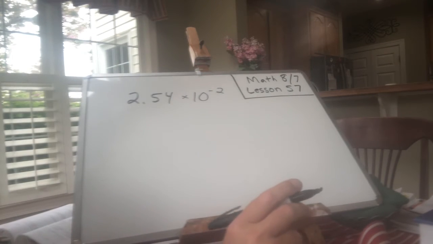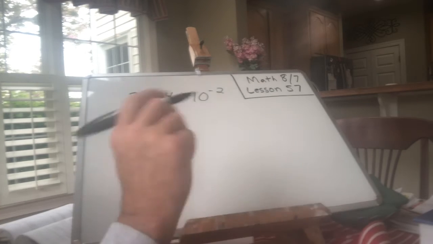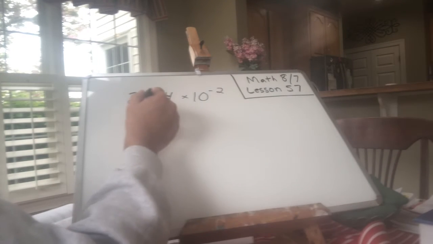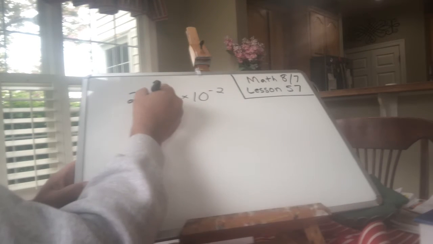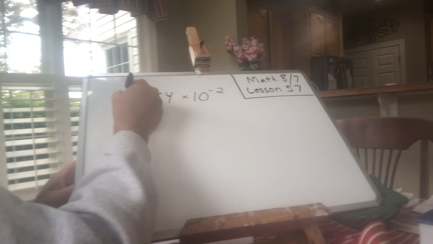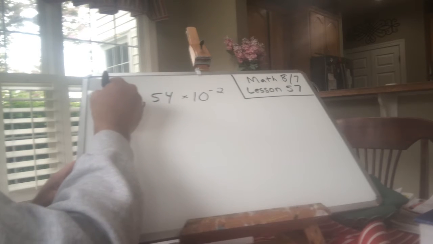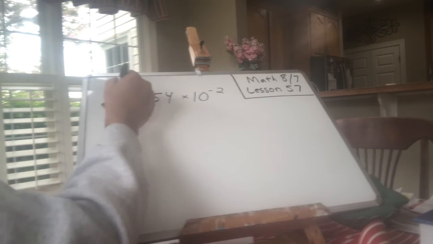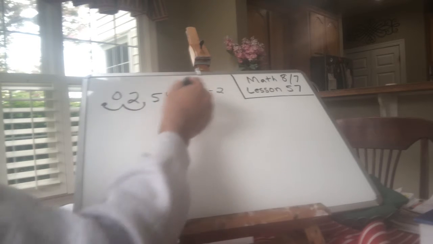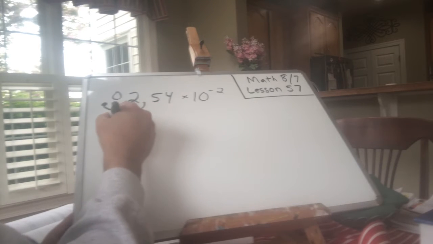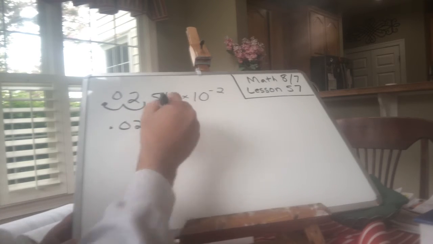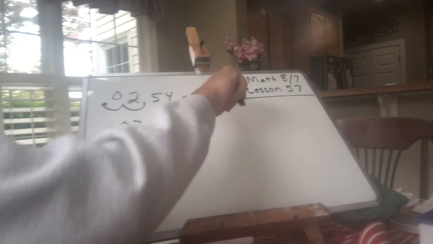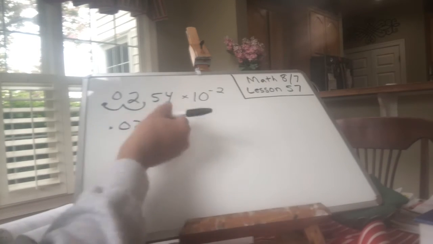What that means is I'm going to be moving to the left 2 places. I'm going to be moving this decimal point right here 1, 2 places, and I would put it right there. There's a 0 missing. So my answer would be 0.0254. All I did was move it 2 decimal places to the left.